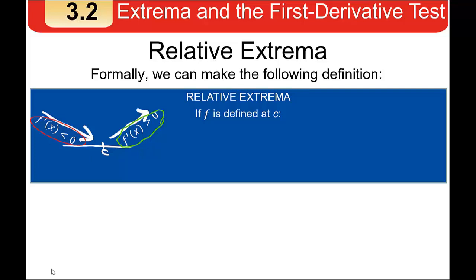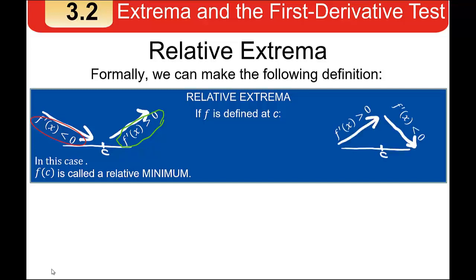So if you have a decrease in slope, which is the derivative, to the left, and an increase to the right, you have something that we call a relative minimum of the function. Decreasing to the left and increasing to the right. At the value x equals c, you have the lowest point of f in that interval around c.